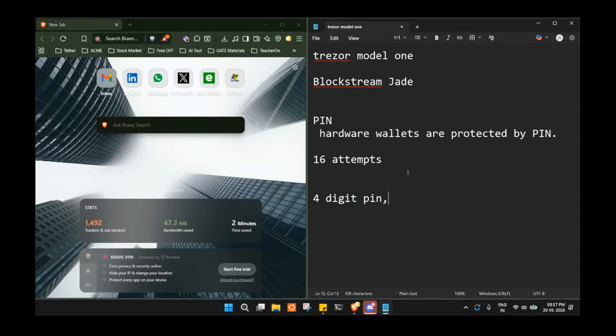But there are so many ways you can crack it. One is side channel analysis. So what does it mean? For that you have to understand how a device checks whether the password is correct or not, or the PIN is correct or not.